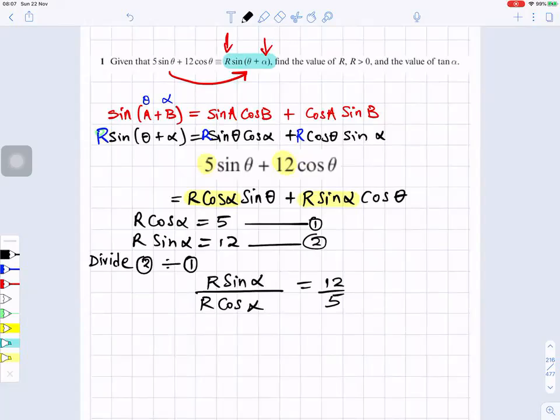Now the r will cancel out. That means it becomes a tangent. Tan alpha is 12 over 5. Put in your calculator inverse tangent of 12 over 5 to get the angle: 67.38.